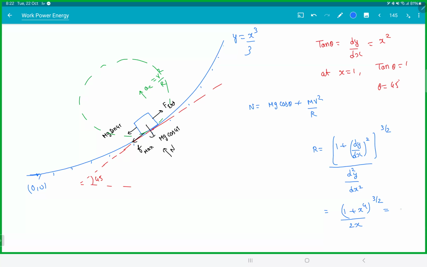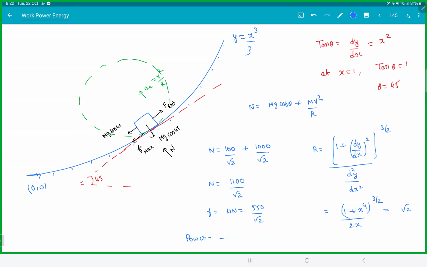Substitute here, that will be root 2. We will get 100 by root 2 plus 1000 by root 2. N is 1100 by root 2. Friction is mu N, which is 550 by root 2.